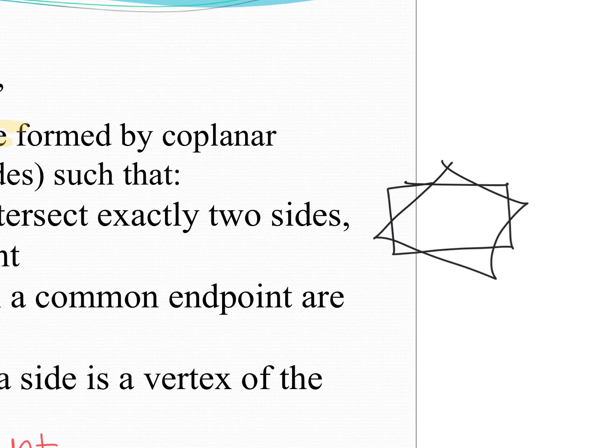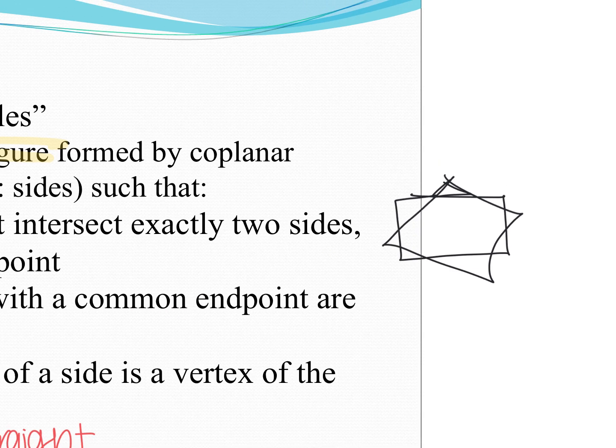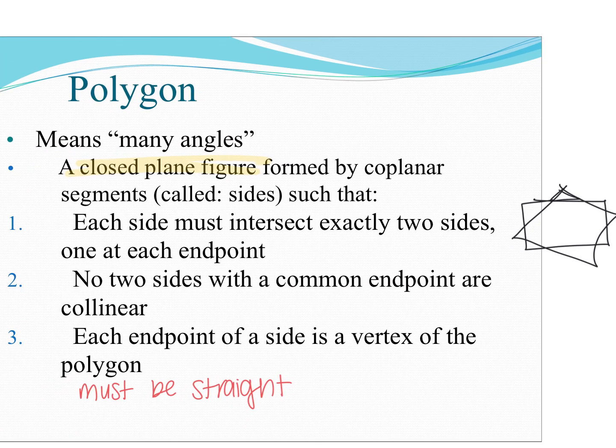Because I have intersections going through my sides. It has to be one shape in total. So I cannot have shapes within shapes. I could say I have a triangle here, triangle here, triangle here, triangle here. That cannot happen. It has to be one single shape.